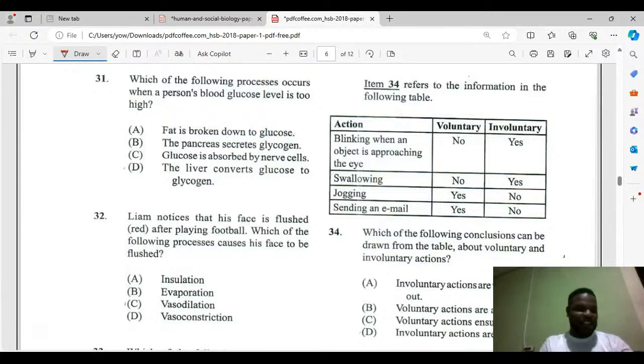Pancreas secretes glycogen. Oh man, that's a repeat question. Remember, when a person's blood glucose is too high, you're saying B or D?